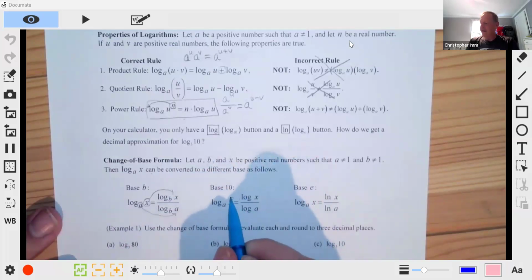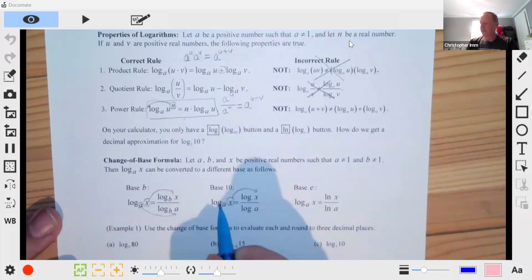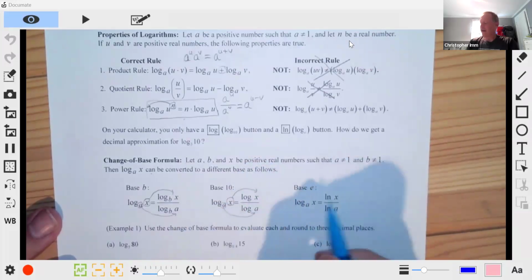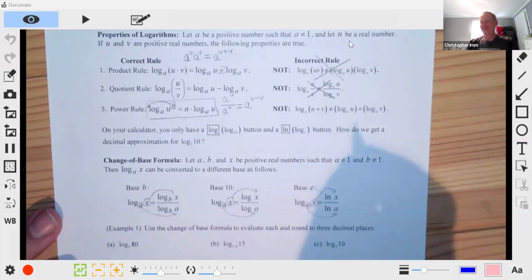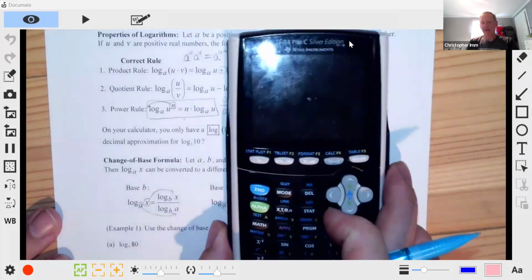The two that we like are base 10, putting what's inside on top and the base in the denominator, and log base e, so natural log. What's inside of the log goes in the numerator, and that base goes in the denominator. We use these because, of course, we can pound those out on our calculator.